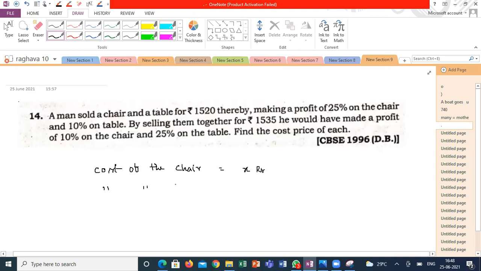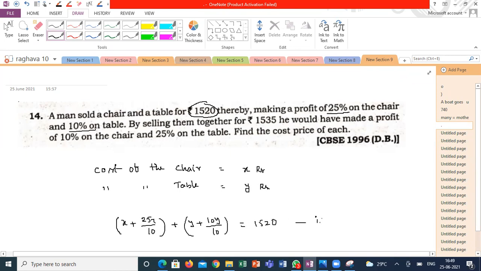Cost of the table is y rupees. If he takes a profit of 25% on the chair and 10% on the table, what is his total selling cost? 1520, correct? So I can write: x plus how much profit he got on the chair, 25x by 100, this is the total he sold, plus y plus 10y by 100 is equal to 1520. This is my first equation.